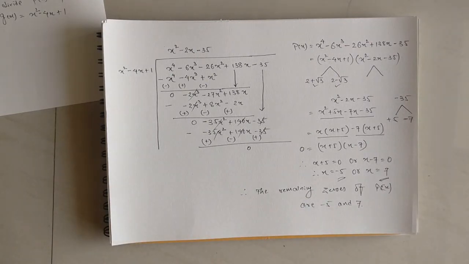Minus 5 and 7, right? So that's your complete question. You have divided the polynomial, you have factorized the given polynomial completely, and also you have found the two remaining zeros. You have done long division and everything. So have a look at this video properly and you will understand this concept.